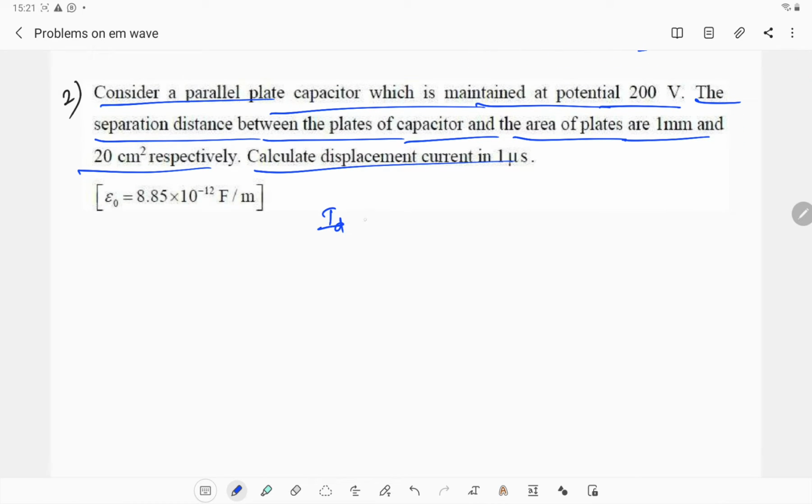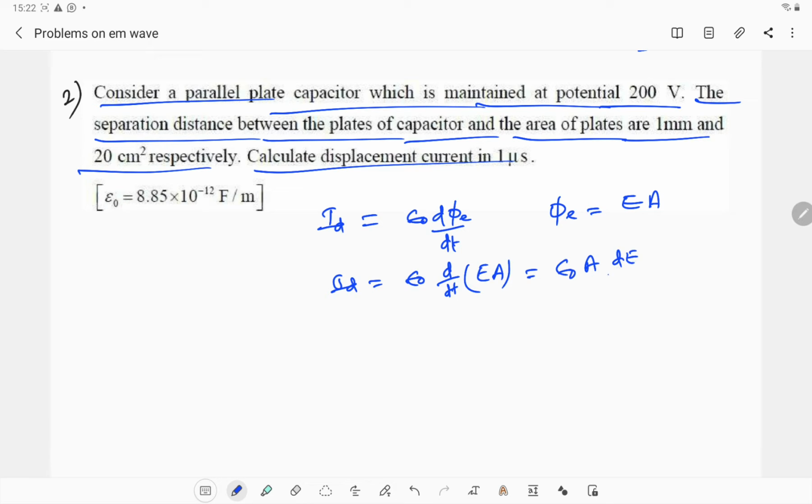Here displacement current I_D is equal to epsilon naught into d phi by dt. This is electric flux. But electric flux is equal to E into A. Therefore, I_D is equal to epsilon naught into d by dt of E into A. This becomes epsilon naught into A into dE by dt.